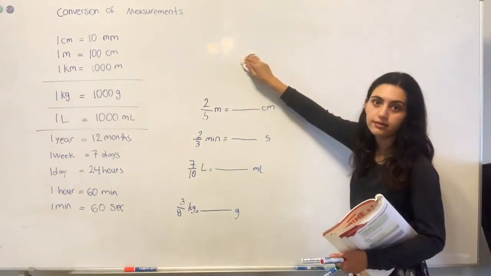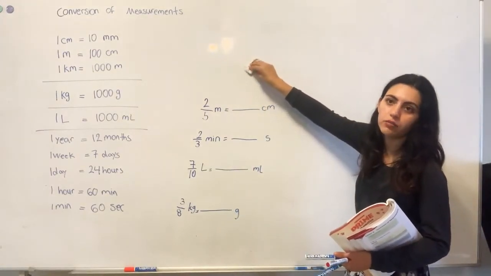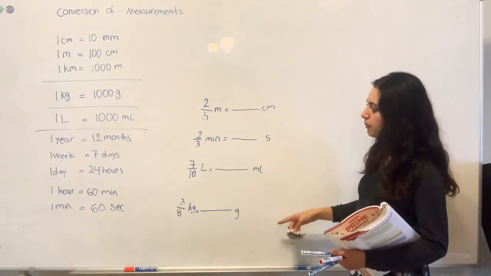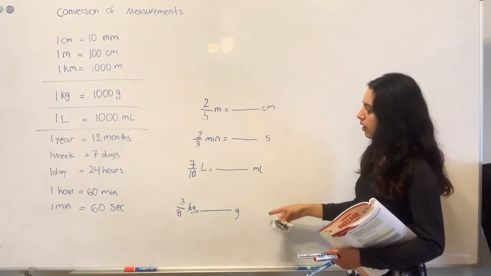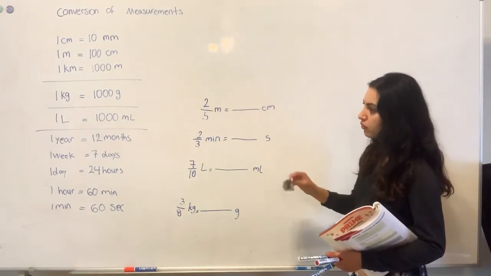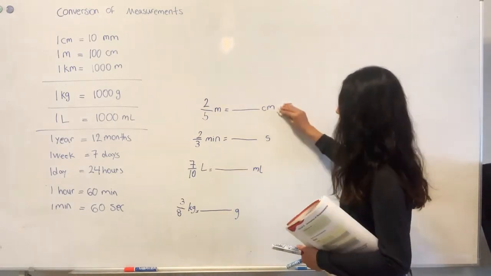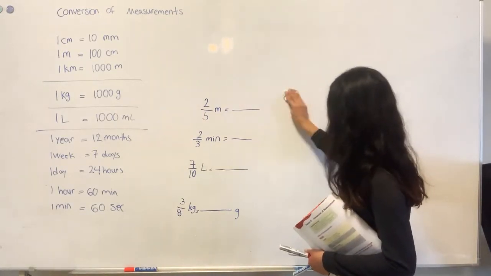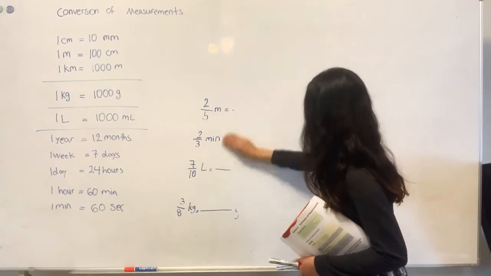You have it in your book, and if you don't, just copy down, pause the video, copy down the questions, write it down in your notebook, and then try to answer them. Just gonna erase them now.